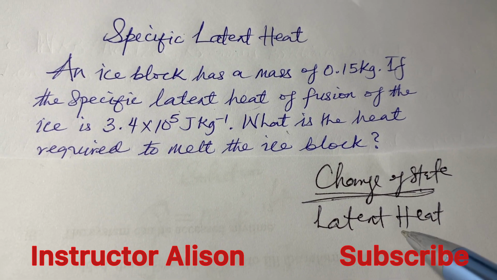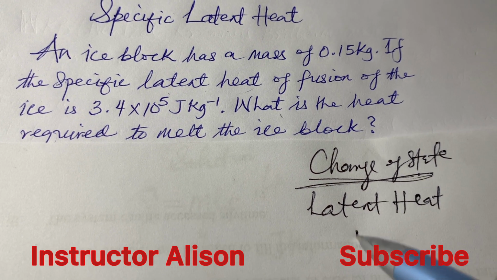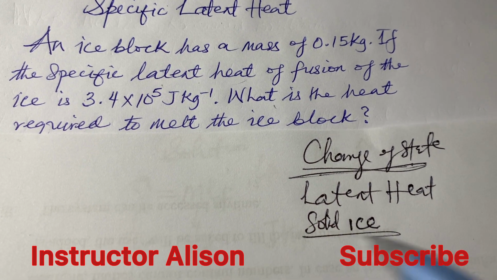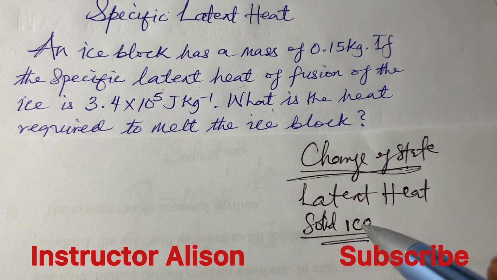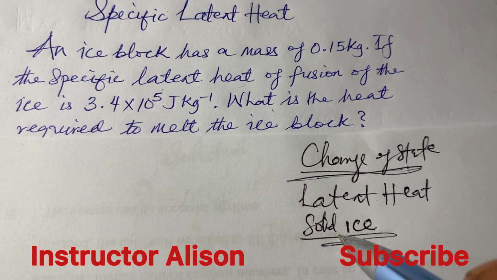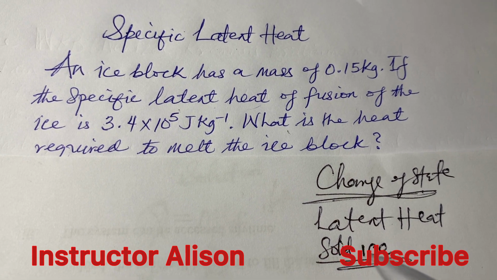To understand latent heat, when heat is applied to a substance, let's consider the substance to be maybe a solid, ice. All right. So what happened to this? Its temperature rises when heat is applied to it steadily until a particular temperature is attained.